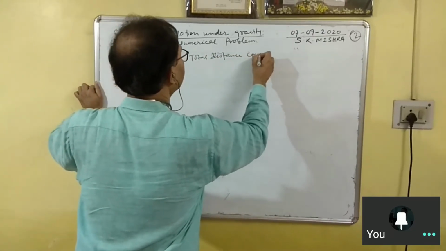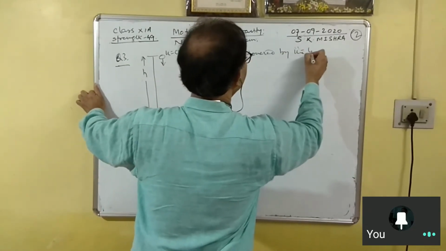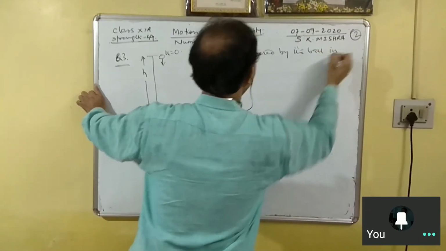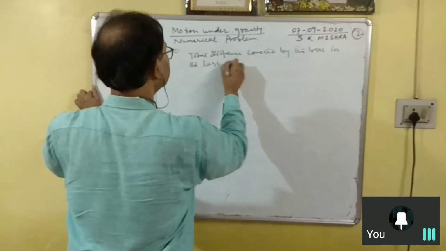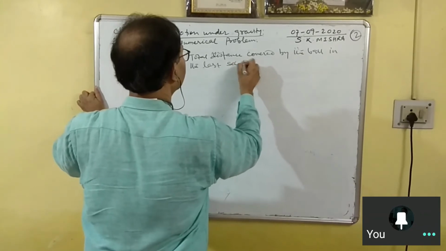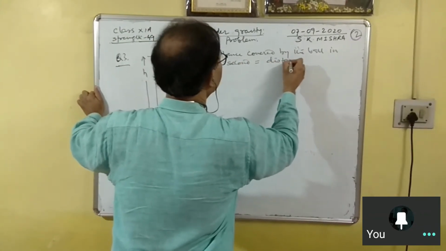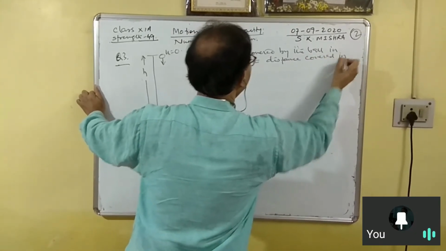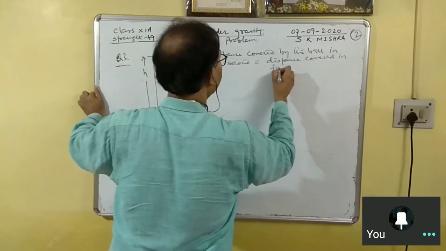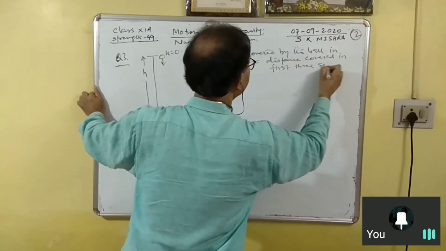So the condition is: the total distance covered by the ball in the last second is equal to the distance covered in first 3 seconds.